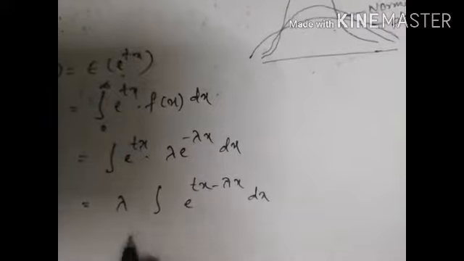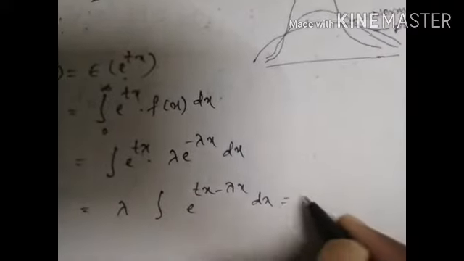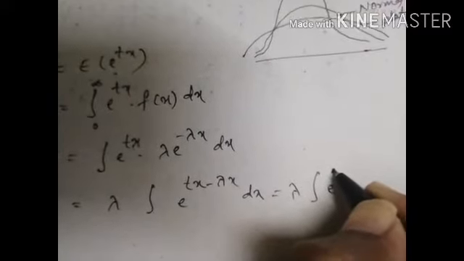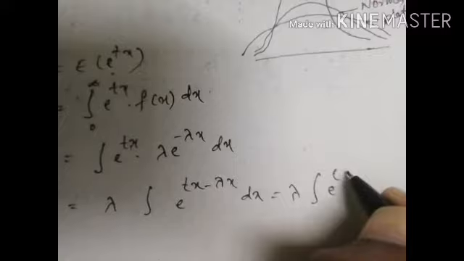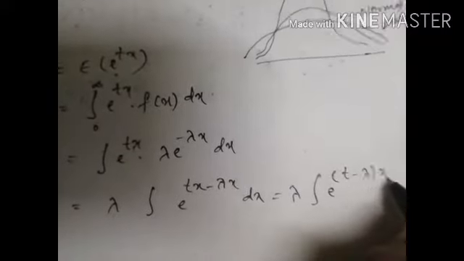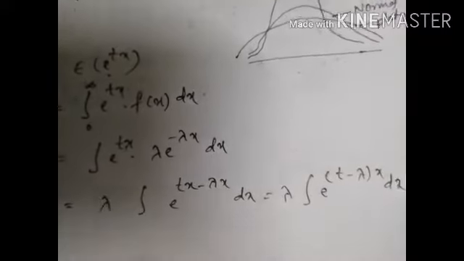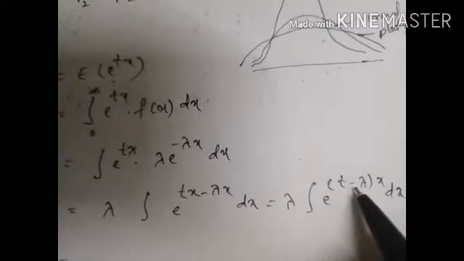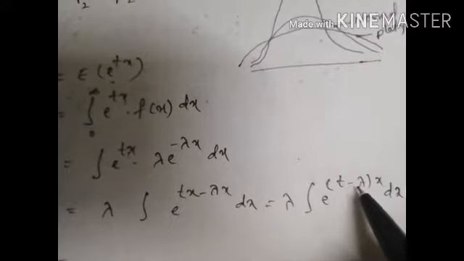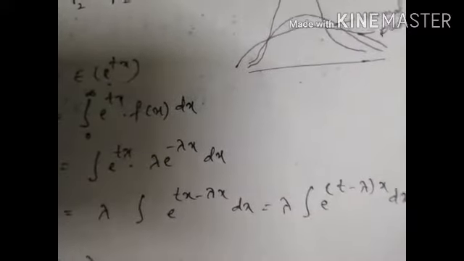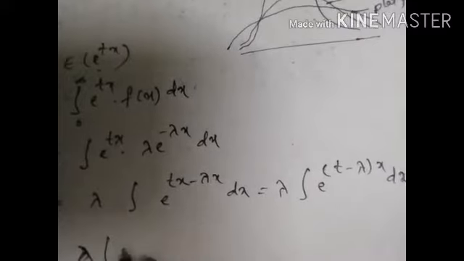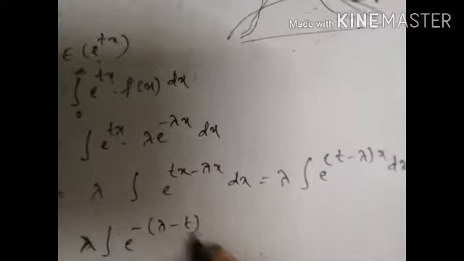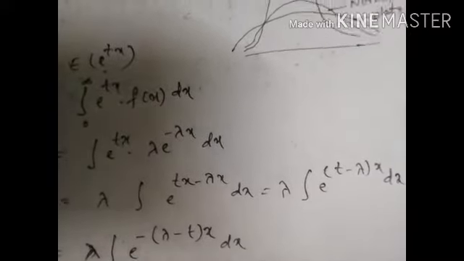Now the common term here is x, so lambda integration of e to the power of t minus lambda of x dx. Then it can be written as, t minus lambda is there, so again take the common factor outside: lambda integration of e to the power of minus lambda minus t of x dx.